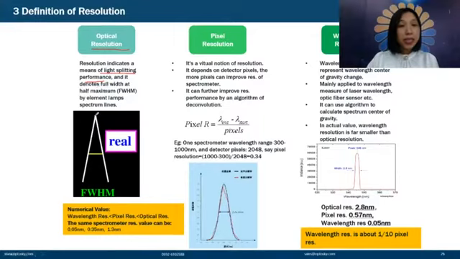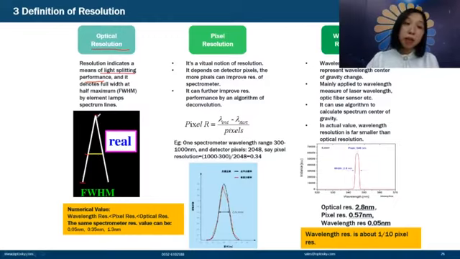You can see this is the peak height. We use the half height and the maximum, and this yellow one is the FWHM to indicate the optical resolution. This is the real optical resolution.